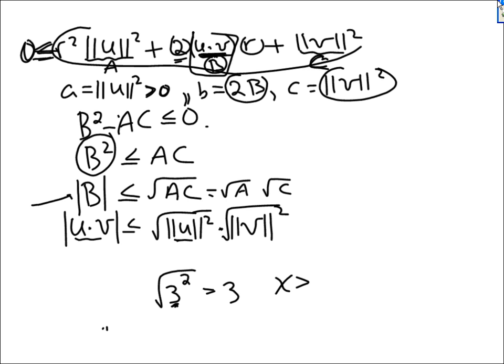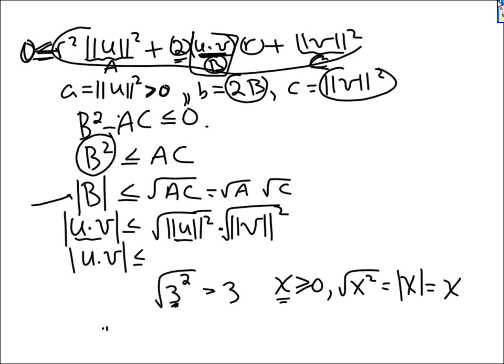If you know x is not negative, then the square root of x squared is the absolute value of x. But if x is not negative, the absolute value of x is x. Okay, that is, the left side is u dot v. The right side is just the length of u. I don't have to take the absolute value because the length of a vector is not negative.